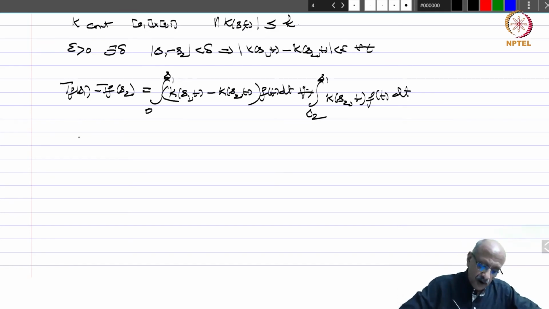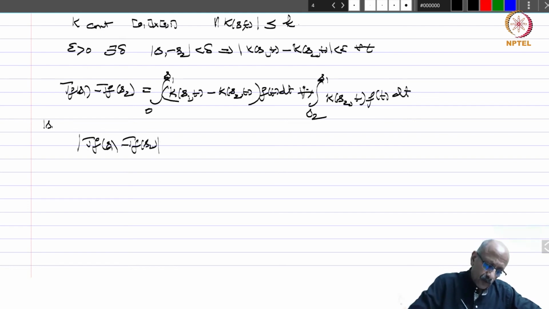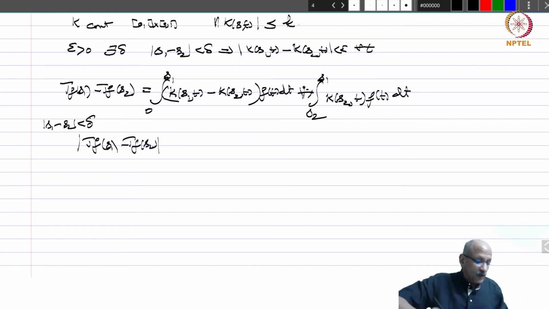So therefore mod Tf(S1) minus Tf(S2), if mod S1 minus S2 is less than delta, will be less than or equal to, from this, epsilon by what we just said, because S1 minus S2 is less than delta. We can pull out f(t) as norm f, the supremum can be taken out.